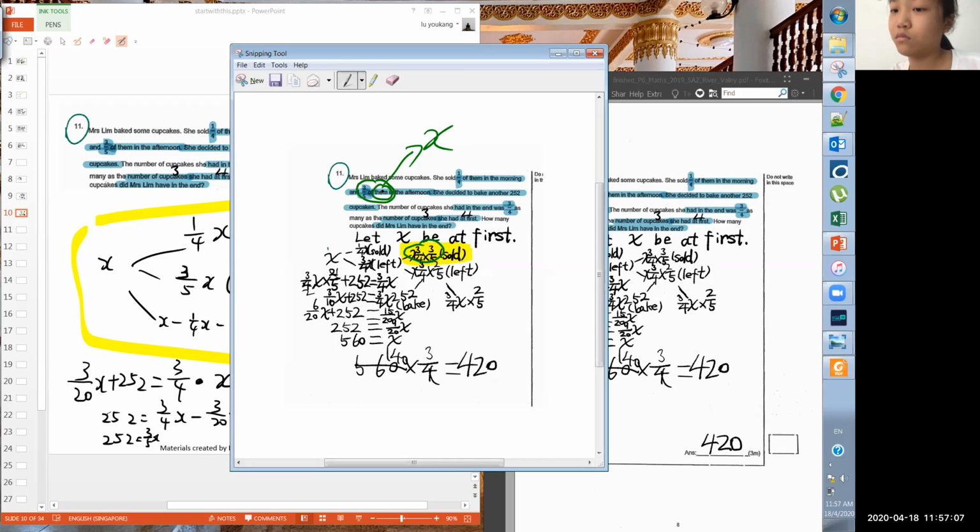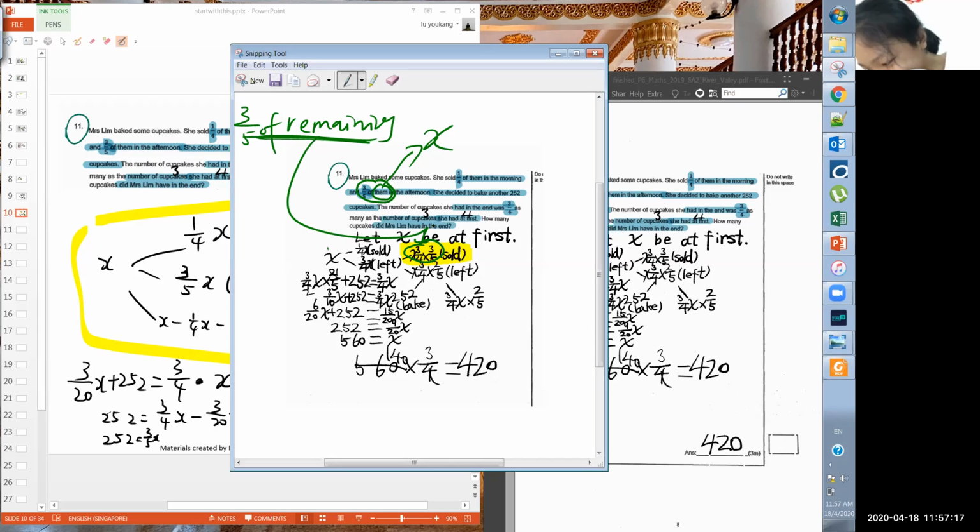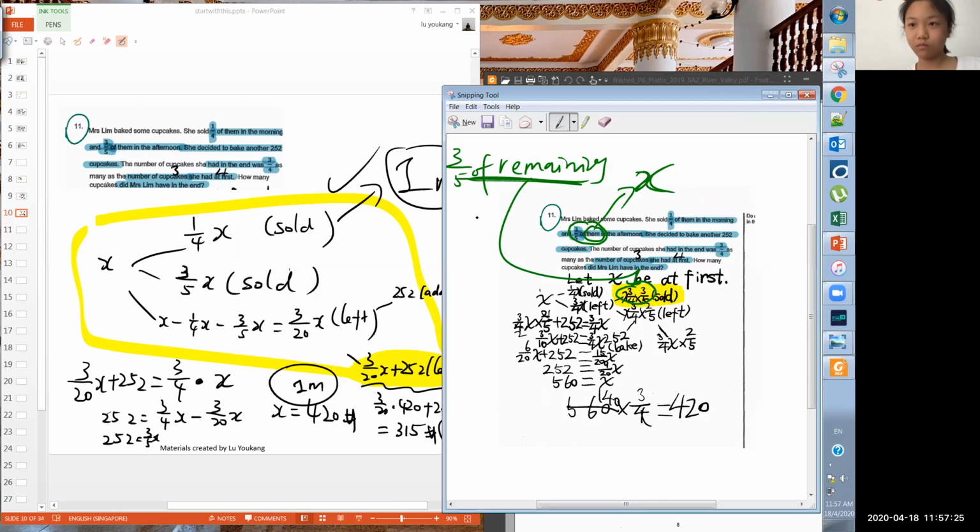If the question were 3/5 of remaining, you should use this. But over here it says 3/5 of them, so it's actually X. Can you see the difference? Yes. Okay, good. Next question.